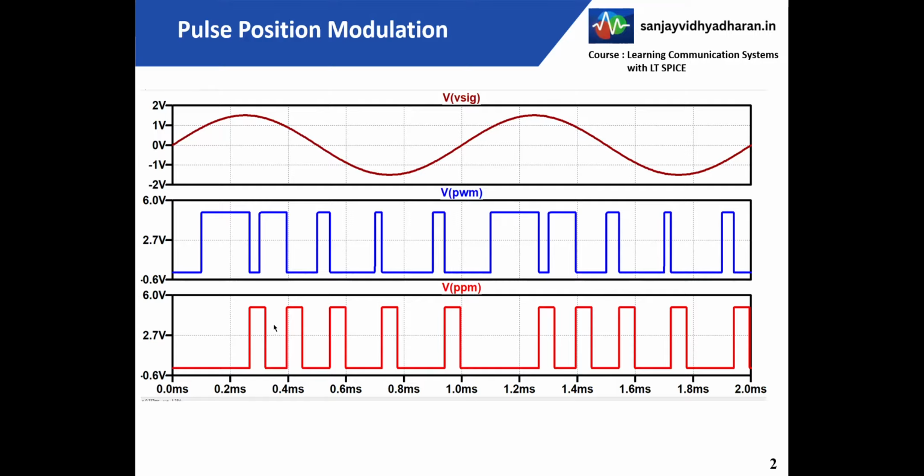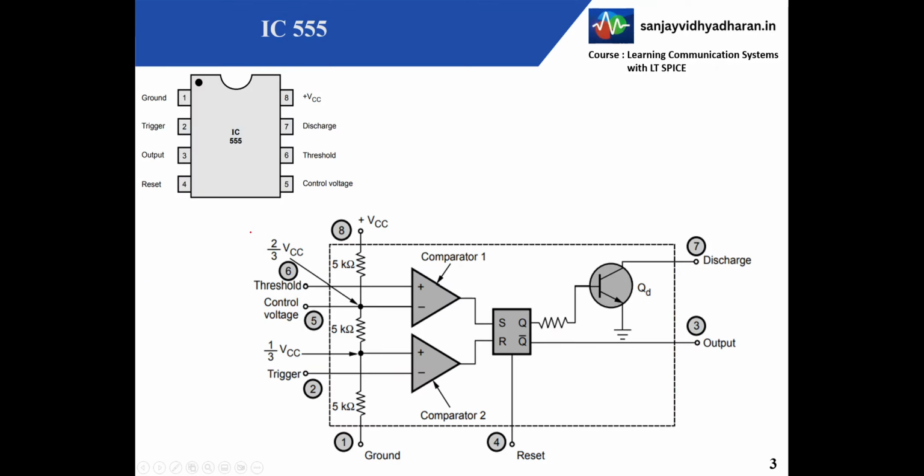We are going to use the negative edge of the PWM to trigger a monostable, and the next trigger is going to be generated from the next falling edge of the PWM. So if I explain here, this is the first edge.